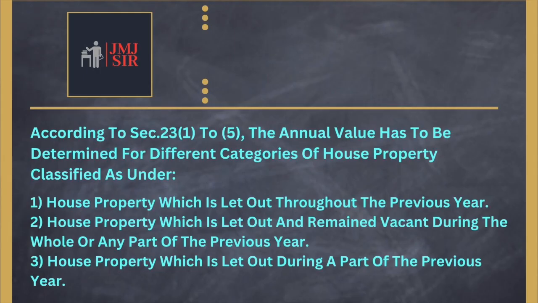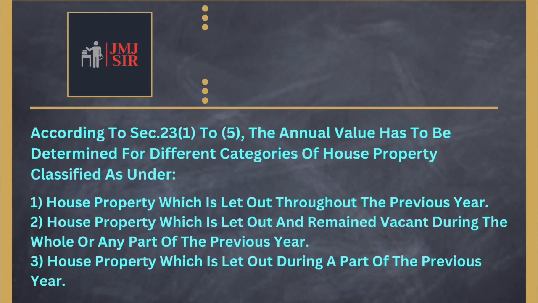According to section 23, subsections 1 to 5, the annual value has to be determined for different categories of house property. Number one, house property which is let out throughout the previous year. Secondly, house property which is let out and remained vacant during the whole or any part of the previous year.